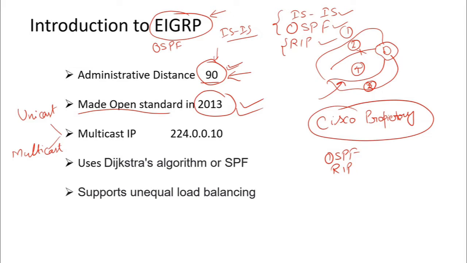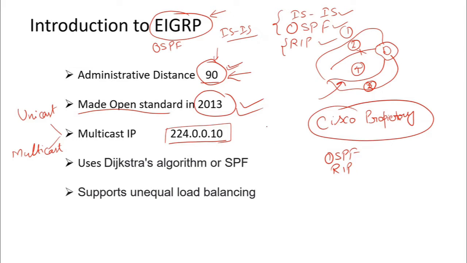Unicast is always one to one. It uses the specific IP address or the router ID configured on the routers. But when it comes to multicast, it uses a specific IP for multicast, 224.0.0.10.